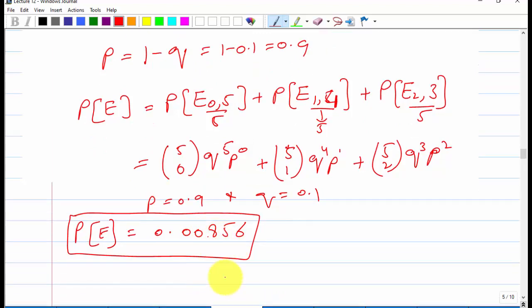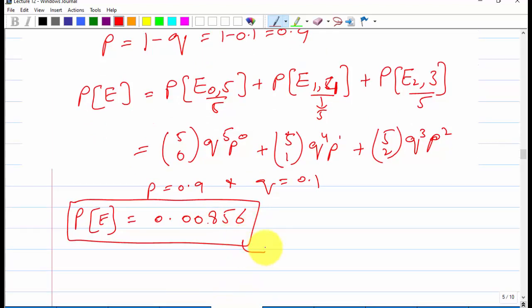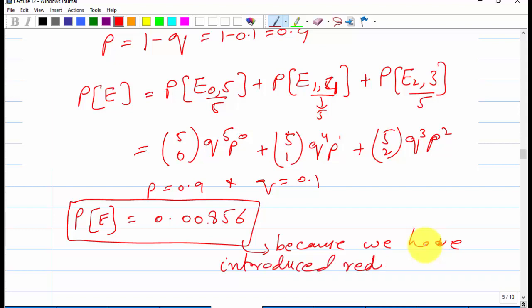So that has been reduced tremendously, and that reduction is because we have introduced redundancy. So sometimes we have to increase the redundancy so that we can have more reliability in the system.